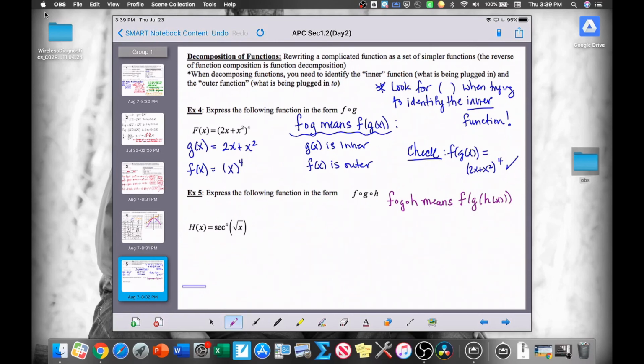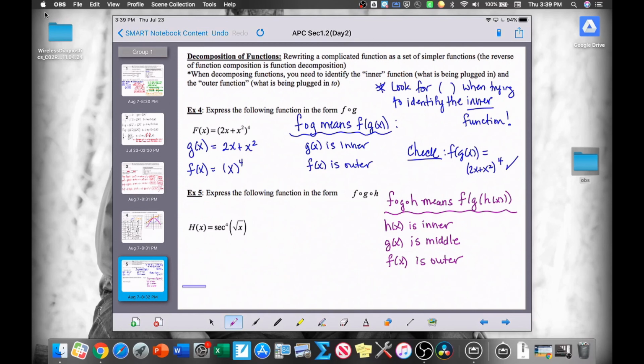So h of x is the inner function. g of x is, we'll call it, the middle function. And f of x is the outer function in this case.